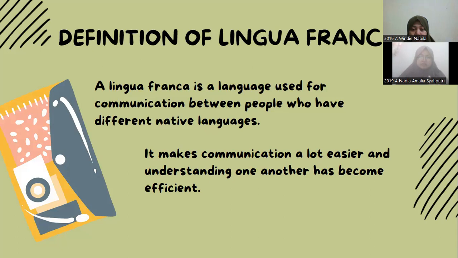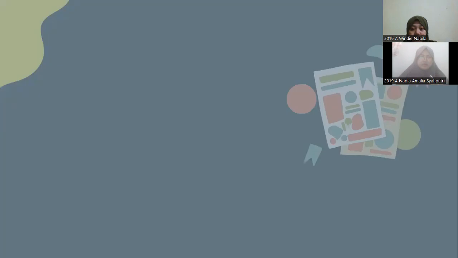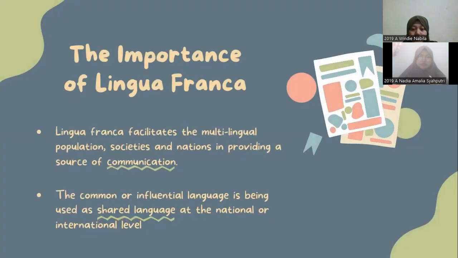And it makes communication a lot easier, and understanding one another has become more efficient, especially for trade and market exchange. It's simply easier to exchange goods and services if we all speak the same language. Next. And the importance of lingua franca will be explained by Windie.